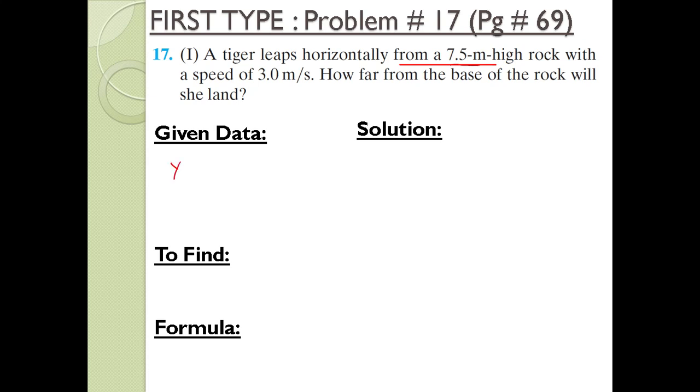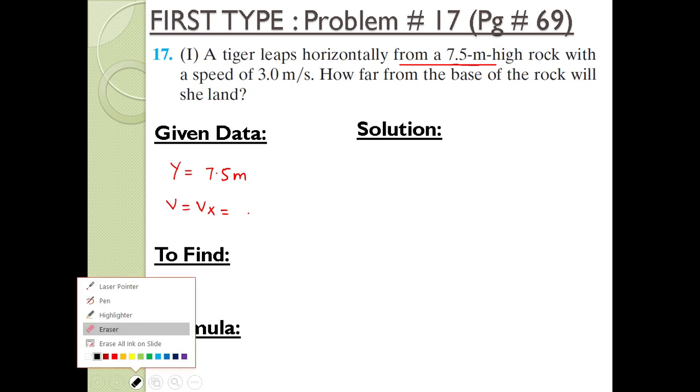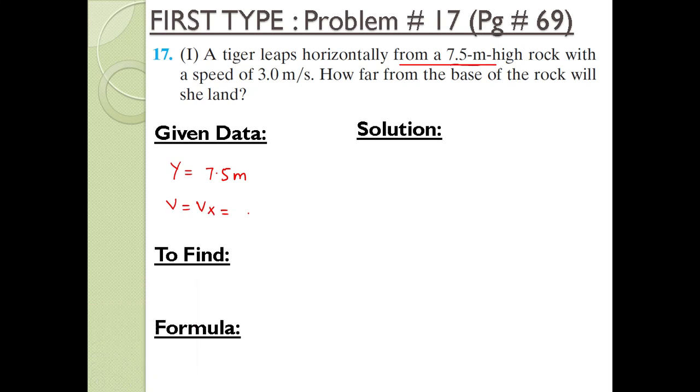So the vertical height y is equal to 7.5 meters, and its speed, because this is v, and I told you for this type of motion this is vx, is 3.0 meters per second. So as it is jumping from the height, it is a type 1 question.